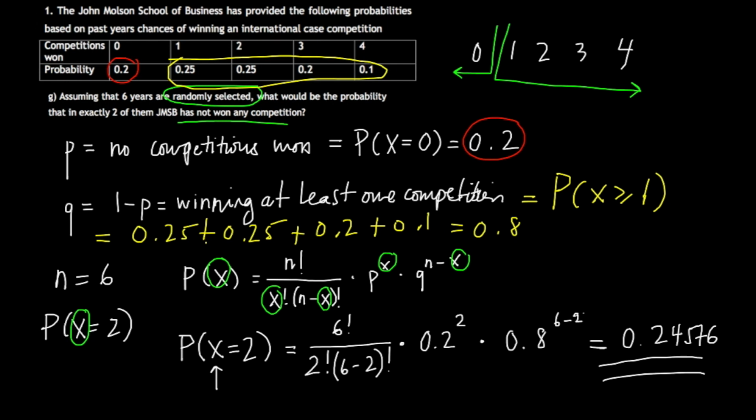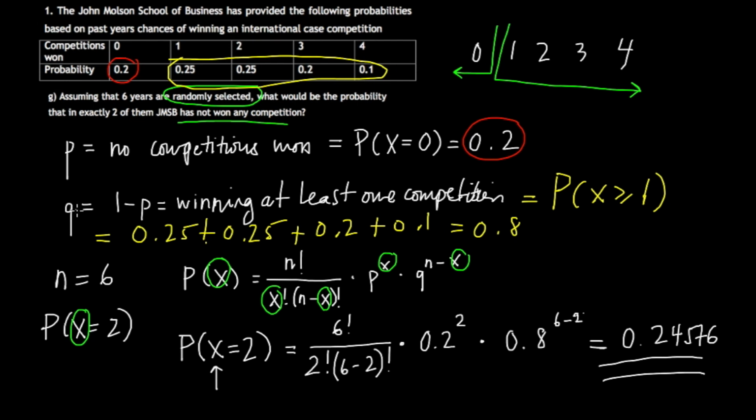So once again, very quickly, the P is what you're looking for, so what you're trying to solve for in the question, and here it's that exactly 2 out of the 6 years, JMSB has not won any competition, so we're looking for no competitions won as our P probability, so that's 0.2.